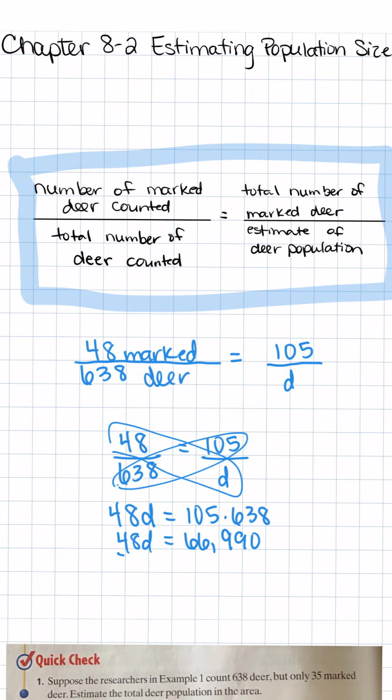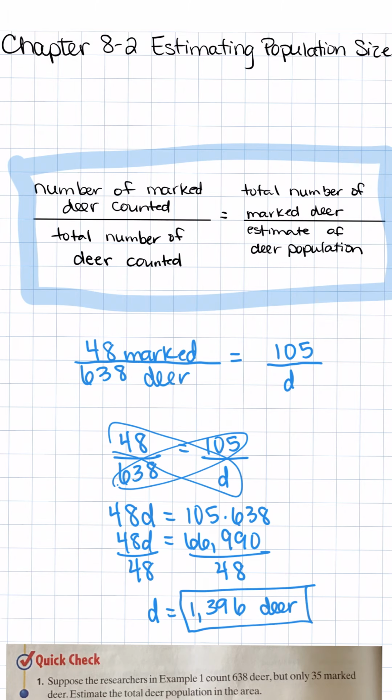To get rid of the 48, we divide by 48. Therefore, D equals 1,396. So there should be about 1,396 deer in the population total.